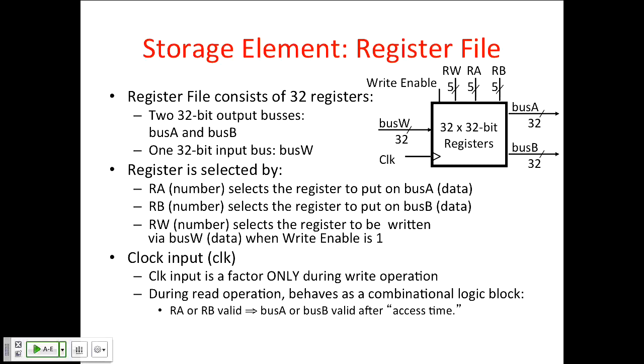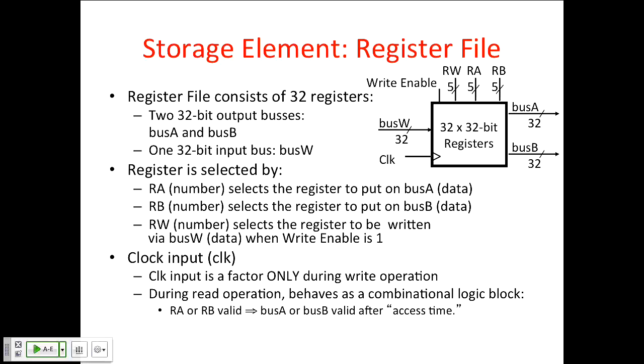So you have a separate address port for register A. These 5 bits tell you which register you want to have output on the output bus A, and a separate set of 5 bits give you the address of register B. Which of those 32 registers do you want to have appear on the second read port, bus B? So you can, at any point in time, have two values coming out of that memory. You can read it twice at the same time, right, with two different addresses. And again, these are combinational reads, so at any point in time you can change the inputs, and sometime later the output will represent the new value.